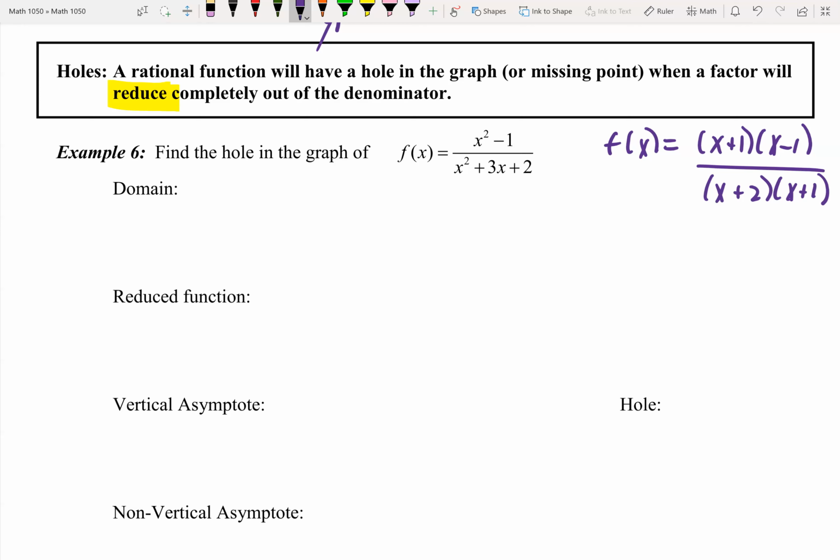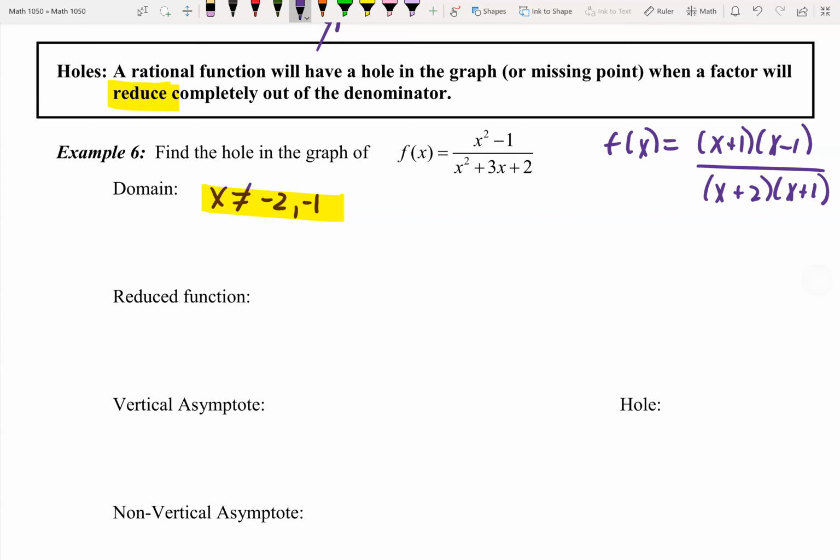Step 2, should I cancel? Look at the order. Should I reduce and then find the domain, or find the domain and then reduce? What does it say? Find the domain and then reduce. So the domain is x cannot be equal to, tell me everybody, shout that out. -2 or -1. Okay, so that's the domain. Now I reduce.